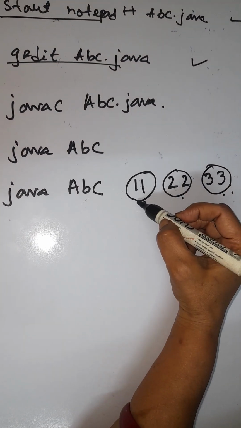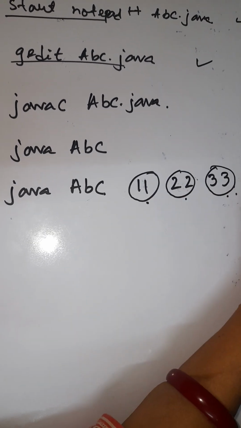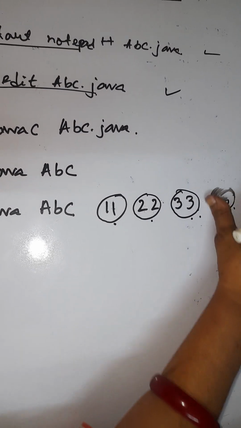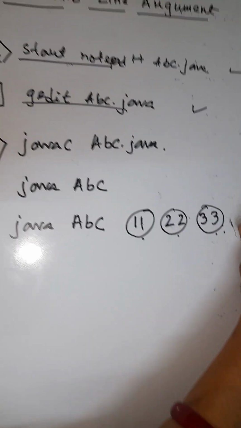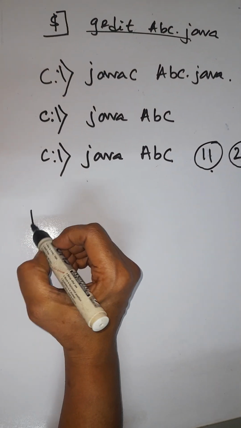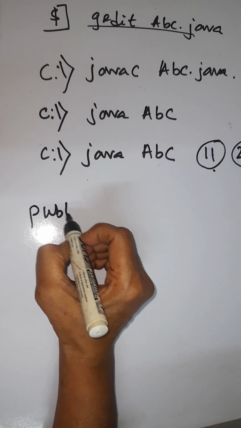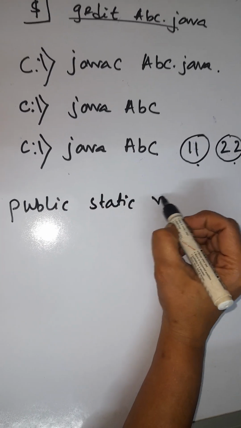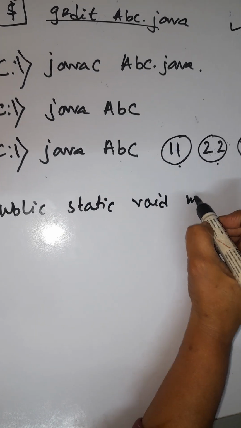How many arguments did I pass here? Here I passed a total of three arguments, right? So these three arguments, where will they be stored? Normally in case of Java, how is our main function? Our main function is like this: public static void main, right?